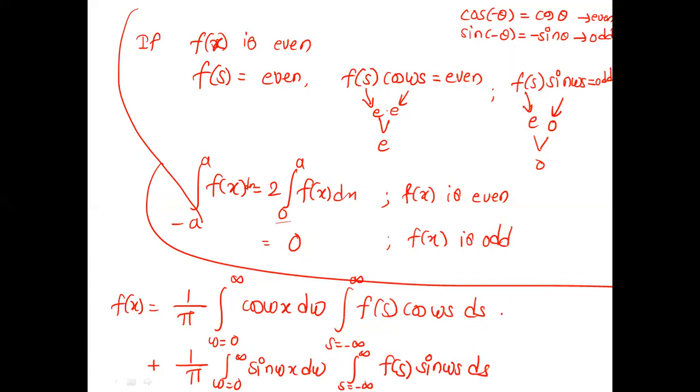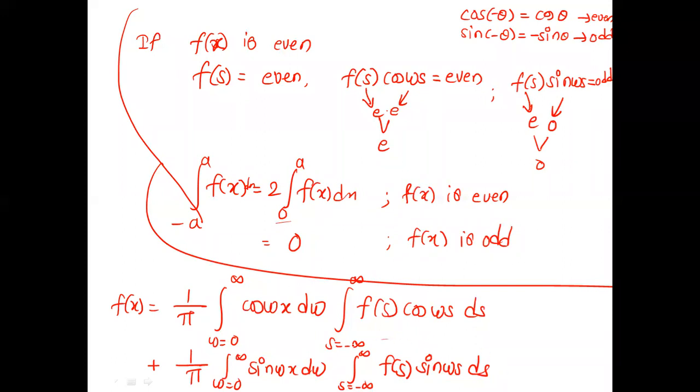Okay. So next, if I now consider your function is even, f of s is even, so this is even into even, this part becomes even, and it will survive, it will become 2 times 0 to infinity. I'm not checking this, I'm checking this function into cos. And this part becomes even into odd, so what will be this value?